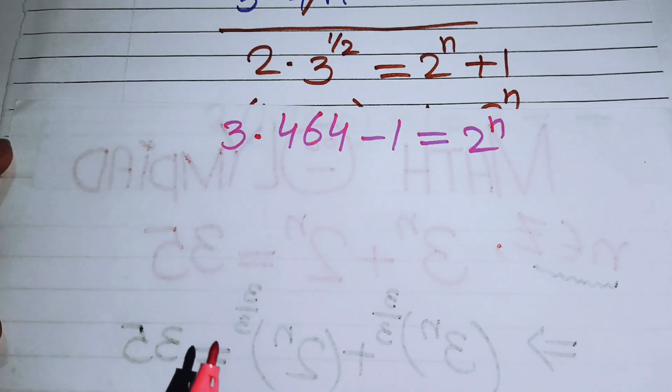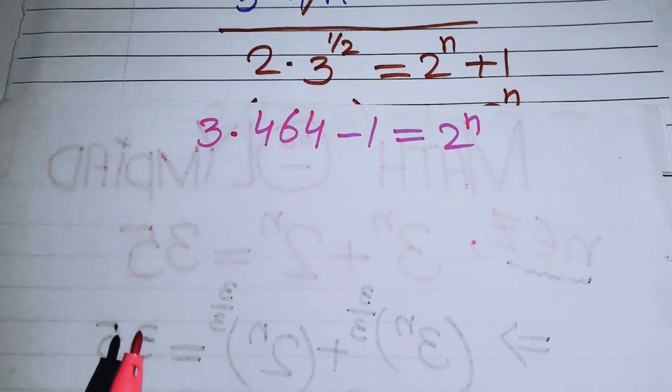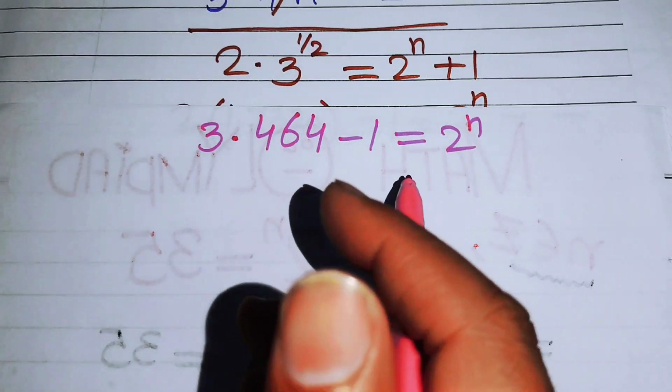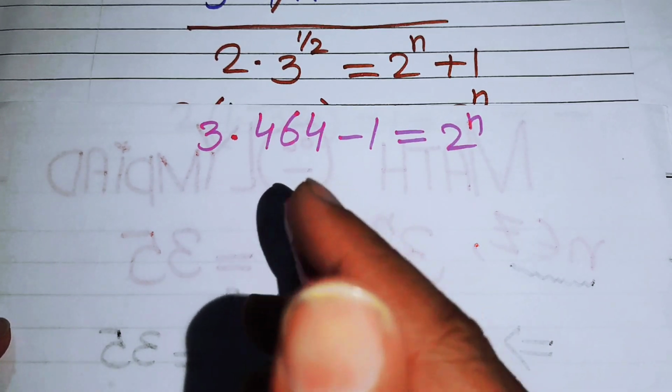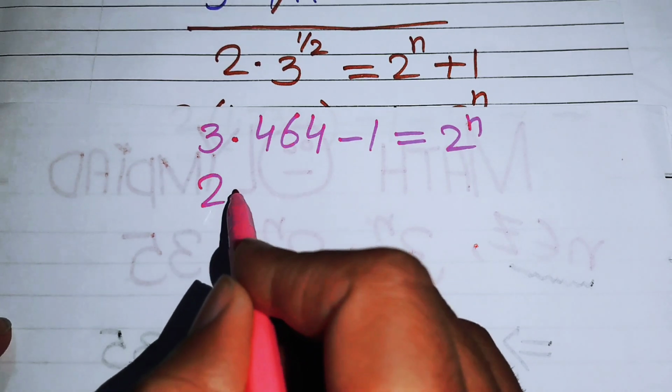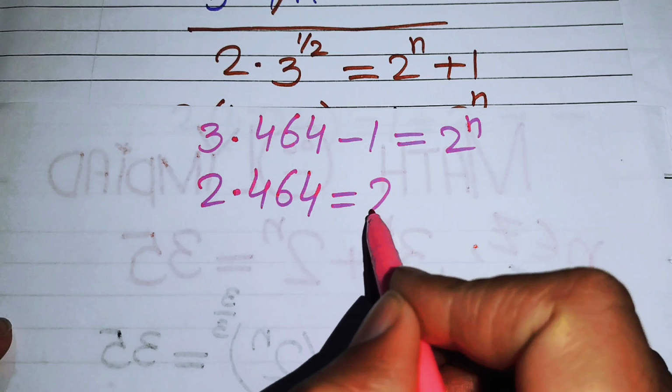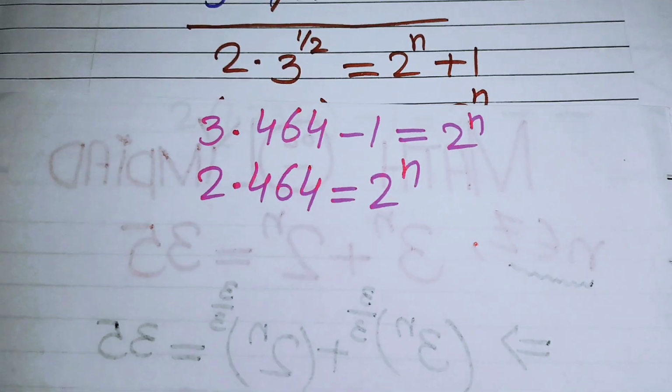And in the next step we just subtract 3.464 minus 1, and we obtain 2.464 equals 2 to the power of n.